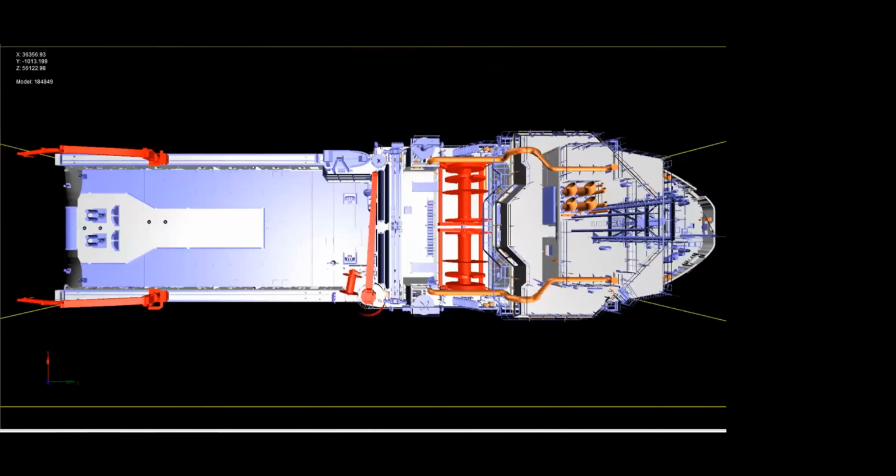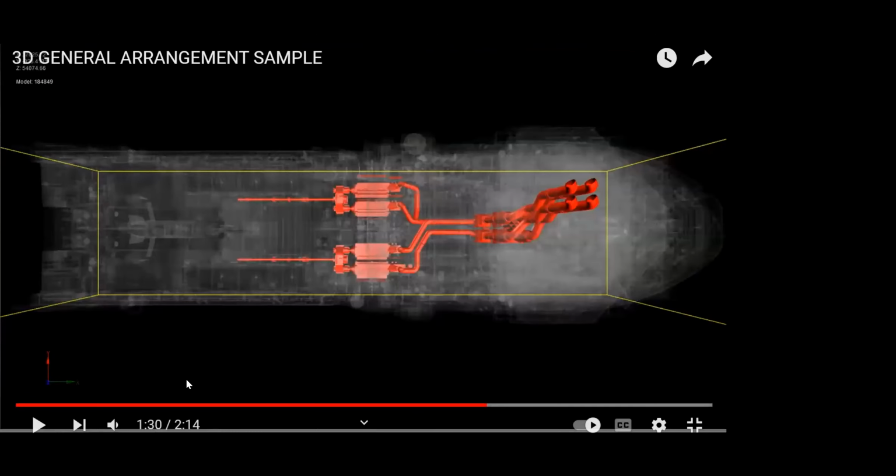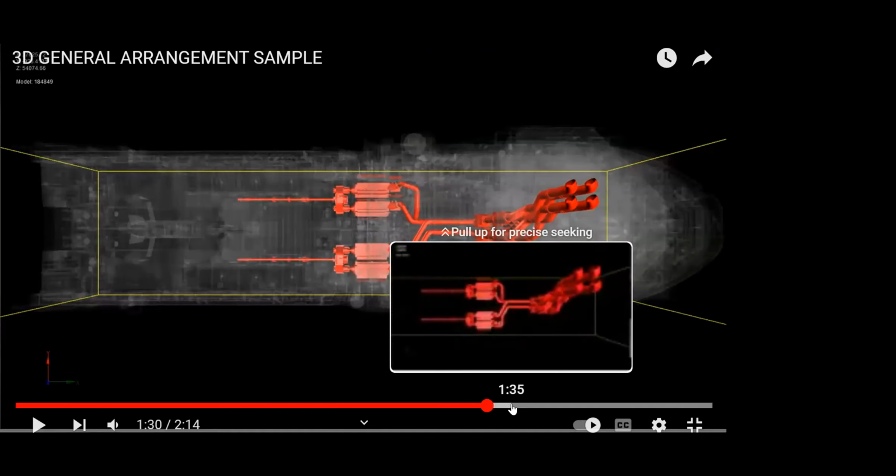Looks like a cable laying ship or fishing vessel. Alright, here come the engine devices. There are 2 engines here, and the duct is coming out.